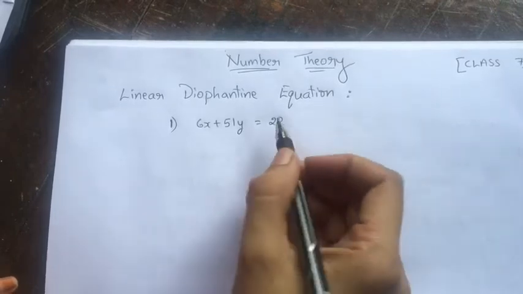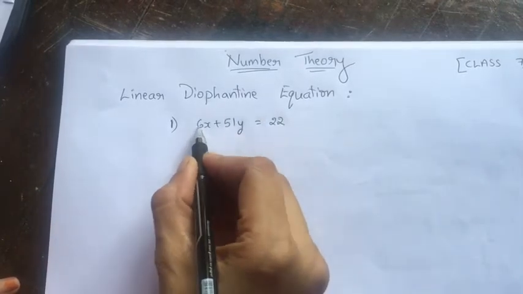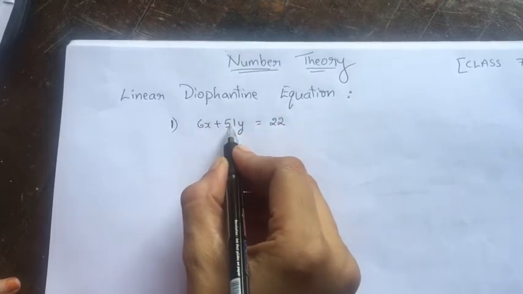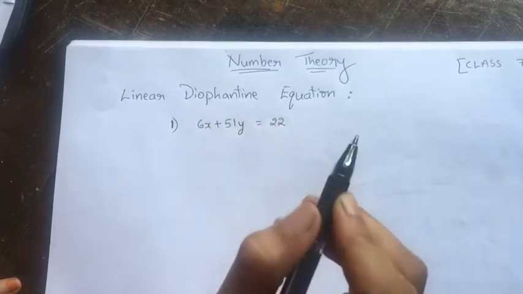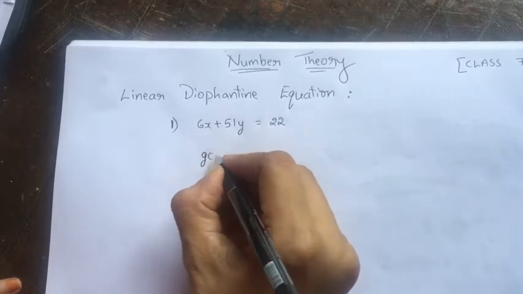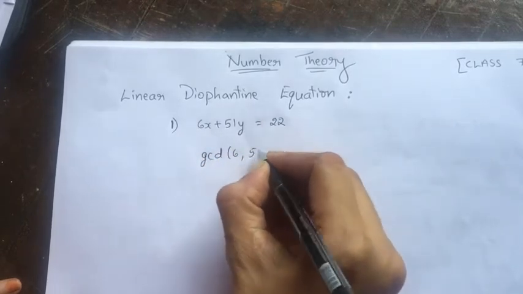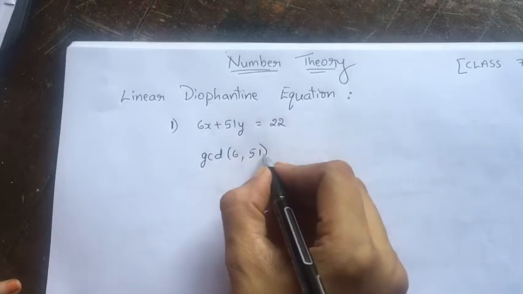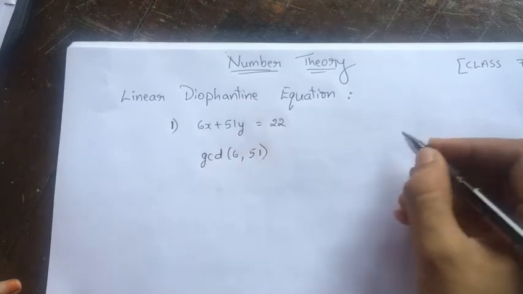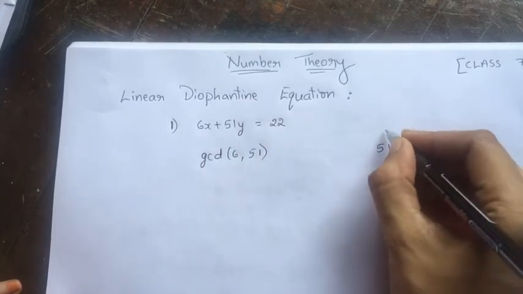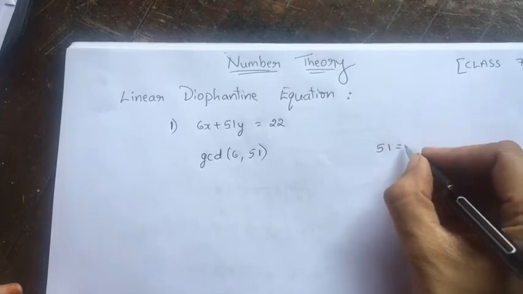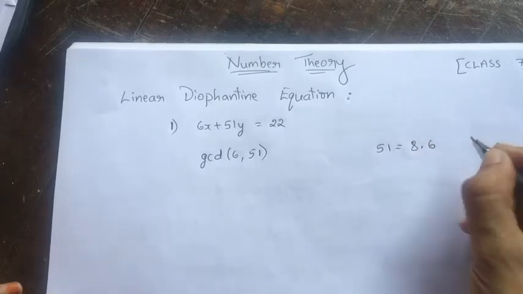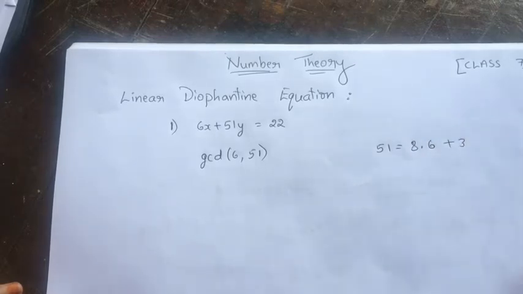First, I have to consider this in the form ax plus by equal to c. I have to consider a and b and find the GCD of these two numbers. GCD of 6 and 51. I'm using the Euclidean algorithm. 51 can be written as 8 times 6 plus 3, right?